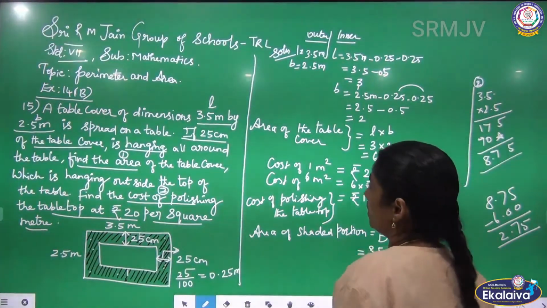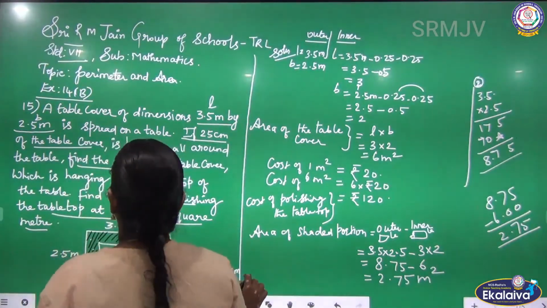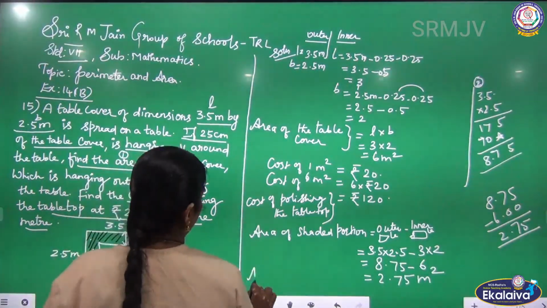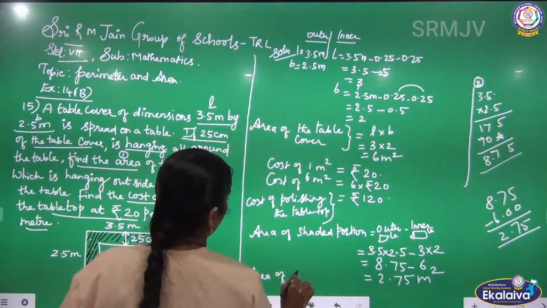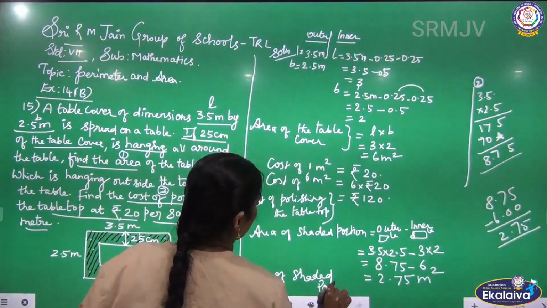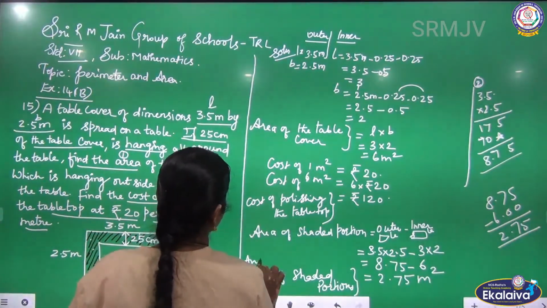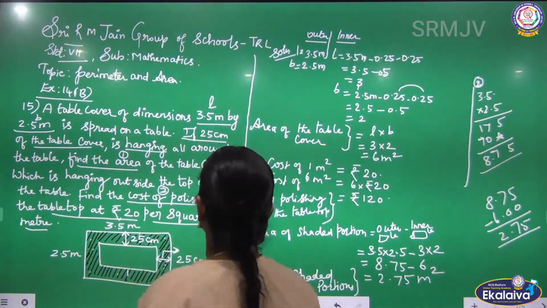2.75 meters square. See, this is your area of the shaded portion. Can you understand this, children? Shall I move on to the next step?